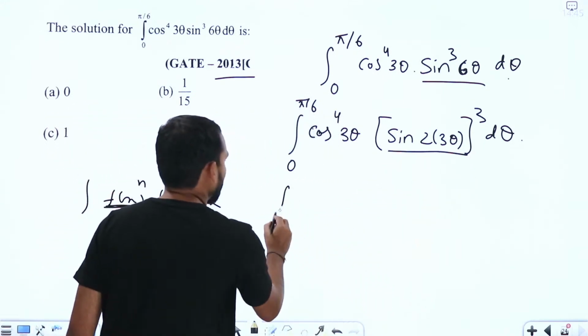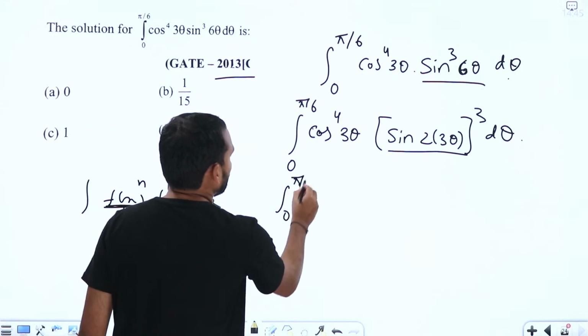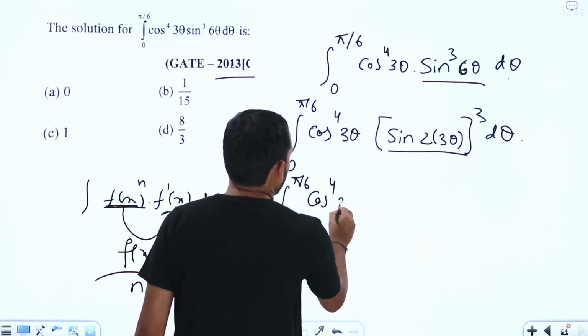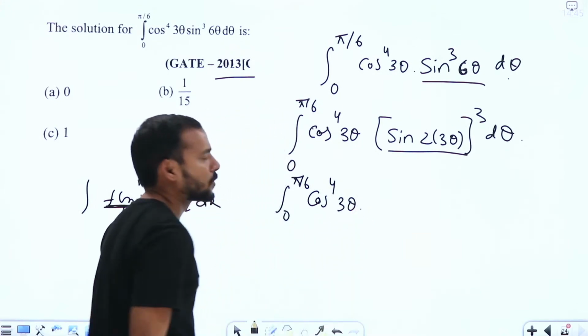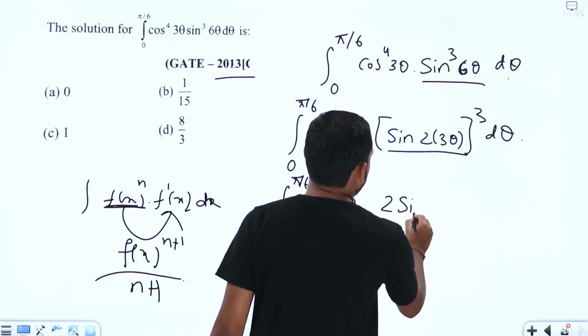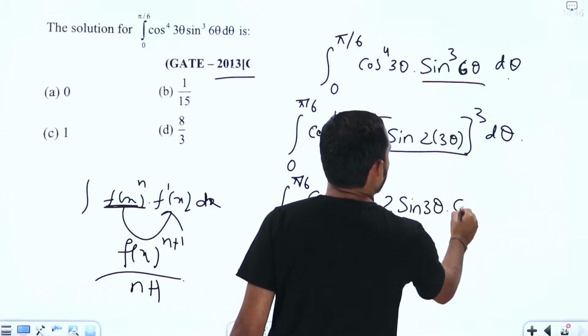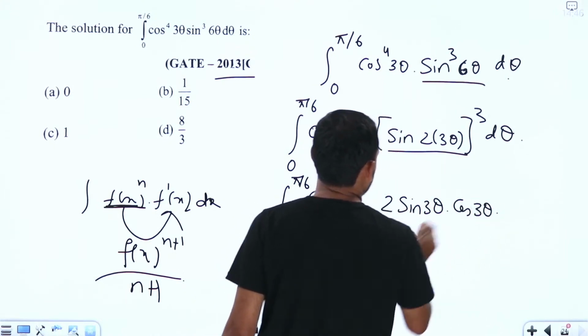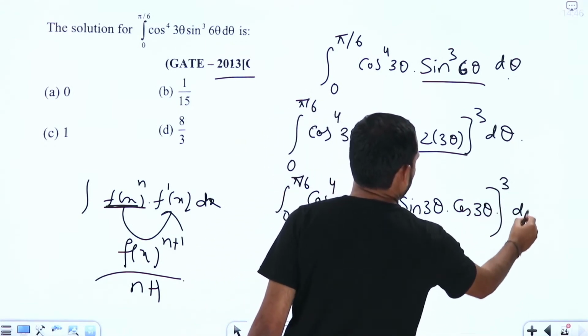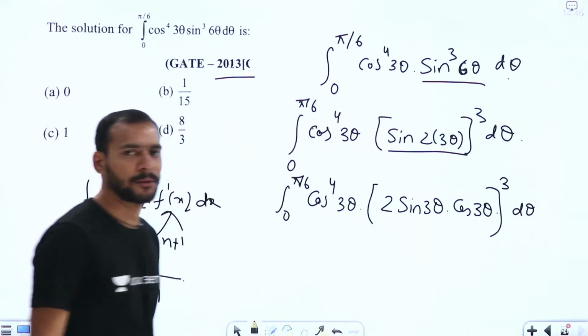So what we are going to get here, this one integral 0 to pi by 6 is going to be cos power 4 3 theta into, so what is sine 2 theta? This is going to be 2 sine a cos a, right? Whole cube into d theta, sine 2 theta is 2 sine theta cos theta.